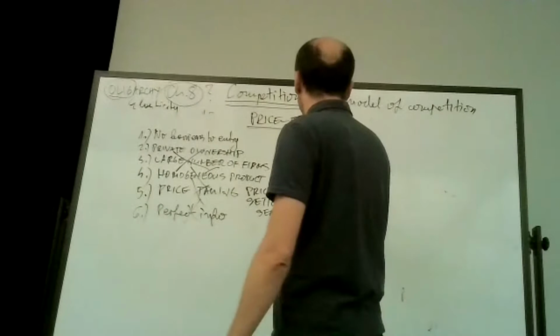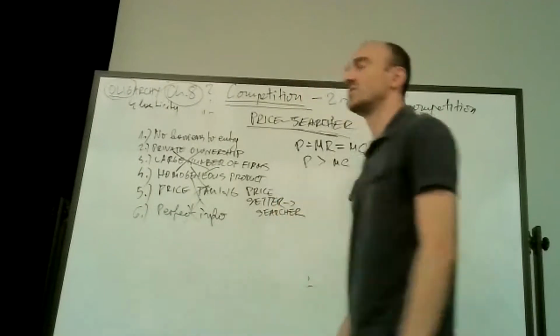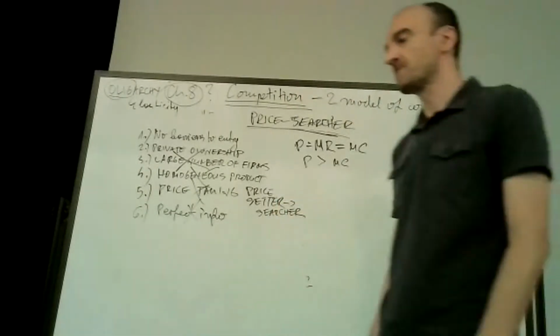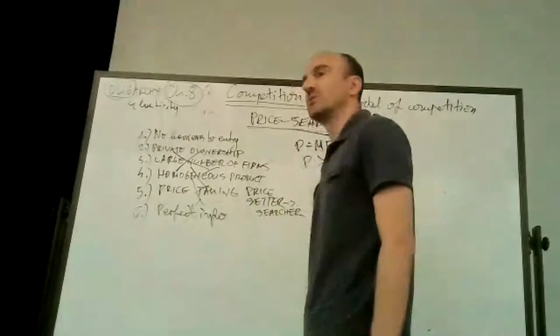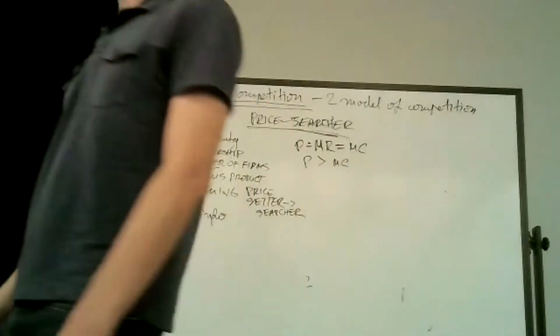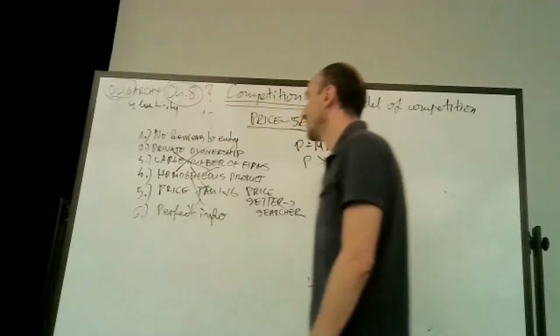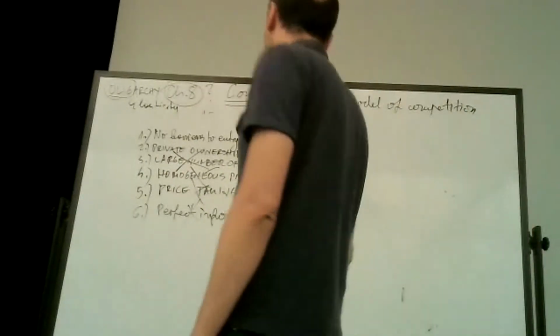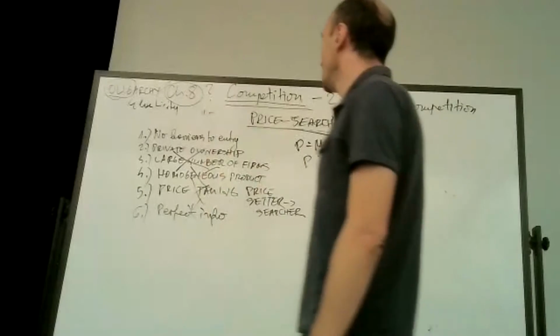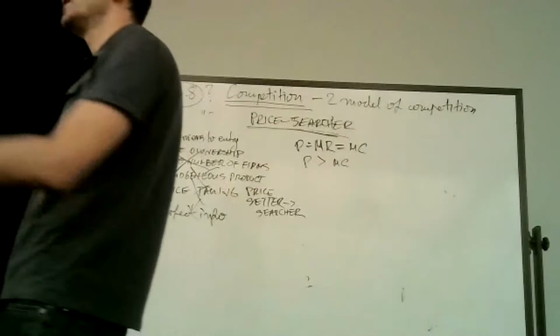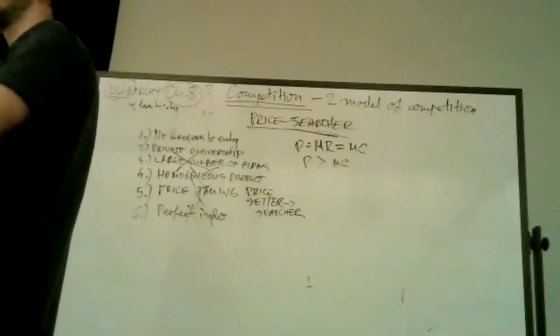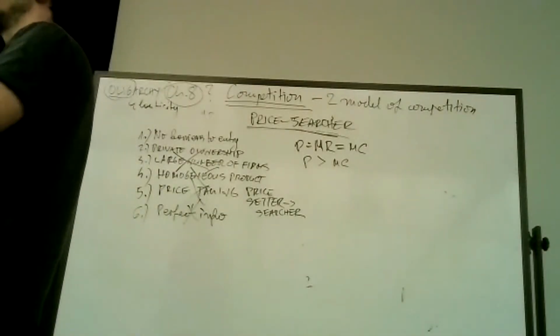Here, the price is always a little bit bigger than your marginal cost, and your marginal revenue is always a little bit bigger than your marginal cost. So why is that the case? Because you're allowed to compete by increasing quality. Now, you don't have a homogeneous product, and actually the products of higher quality will command a slightly higher price.